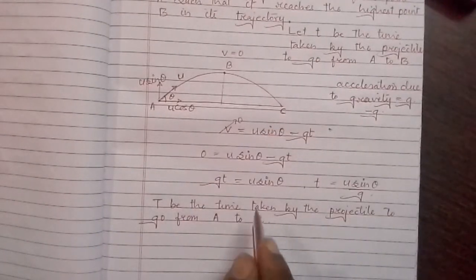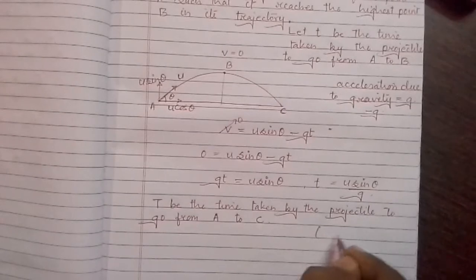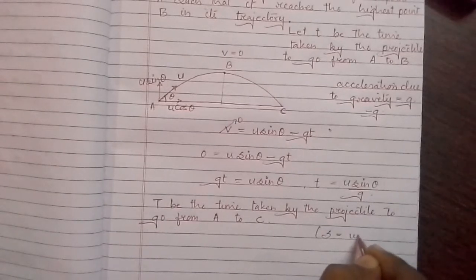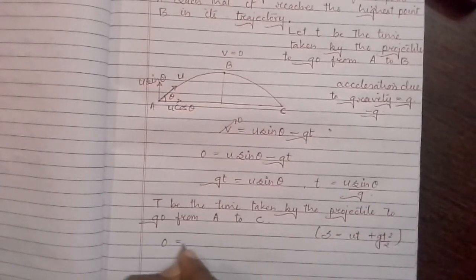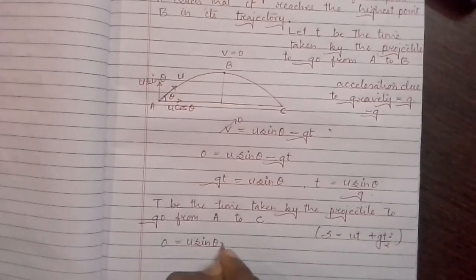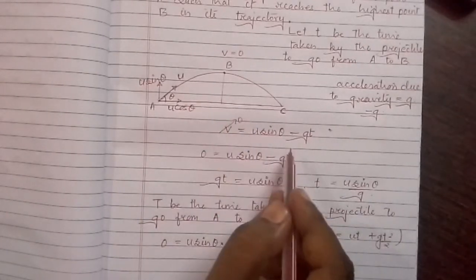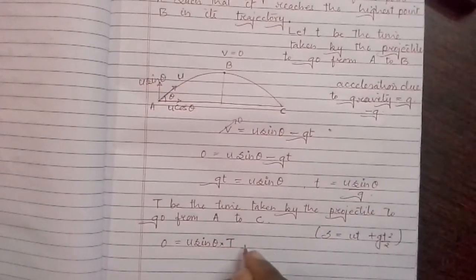So using the expression for the height, that is s is equal to ut plus or minus gt square by 2, we can write 0 is equal to u sin theta into capital T minus g into T square by 2.